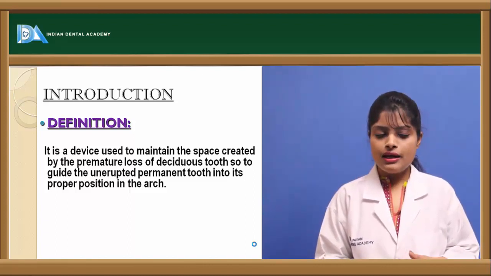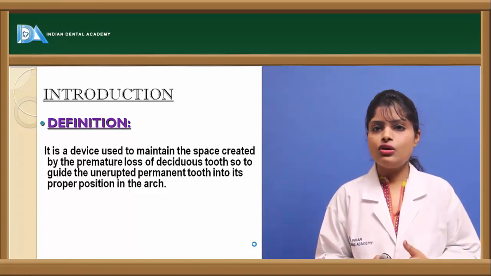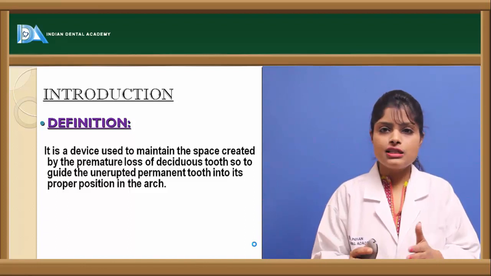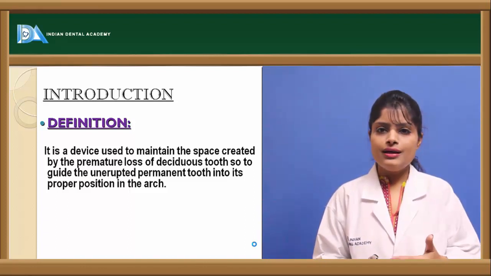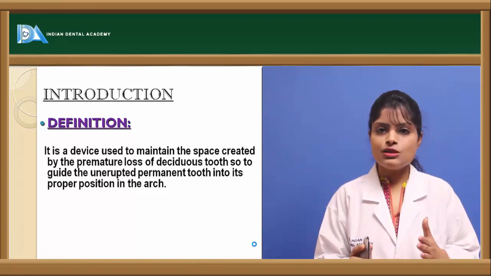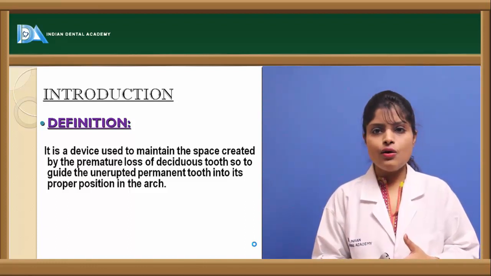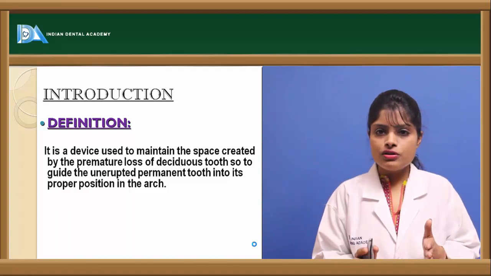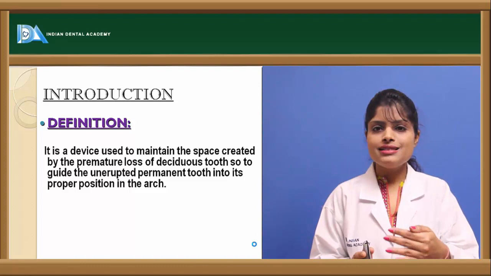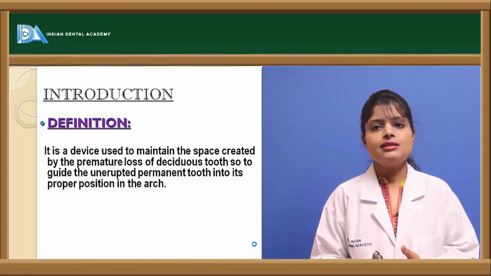For example, if there is a premature exfoliation of the first primary molar, after the exfoliation we place a space maintainer to preserve the space which is created. The space maintainer preserves that particular space till the permanent successor erupts in that space.